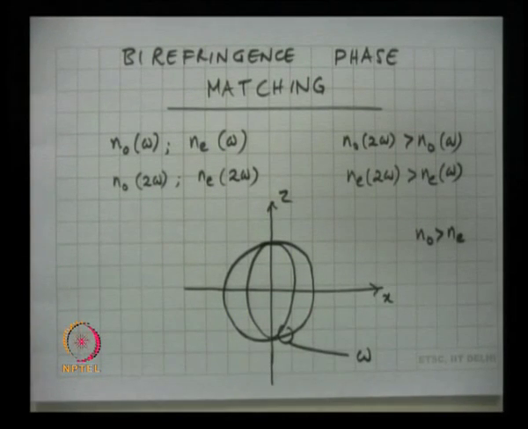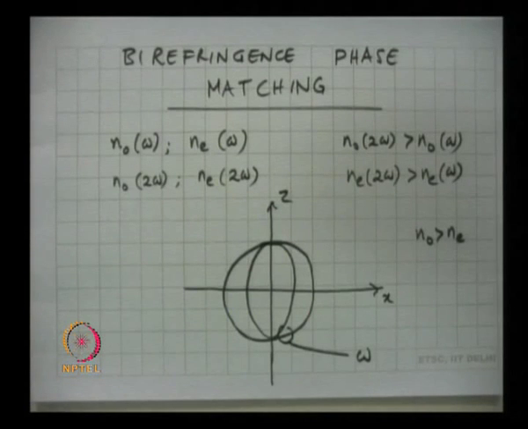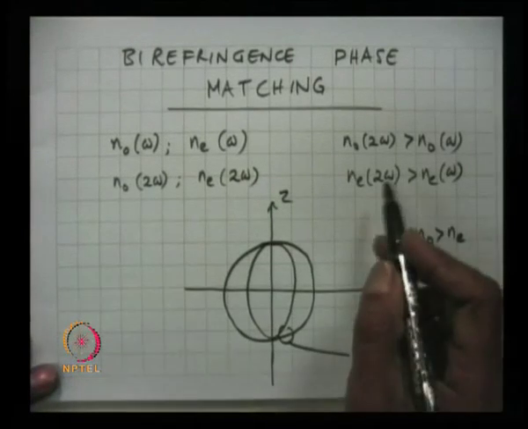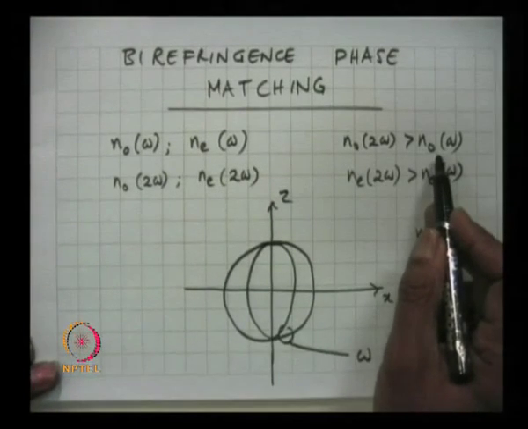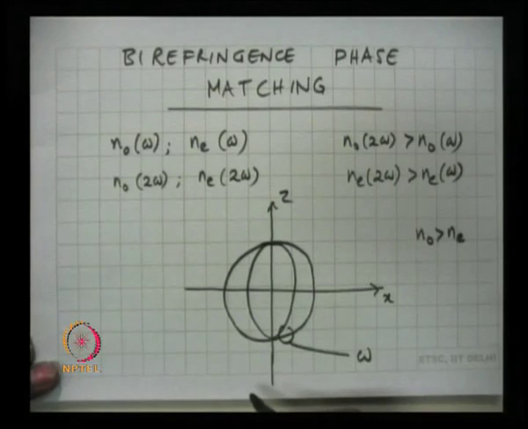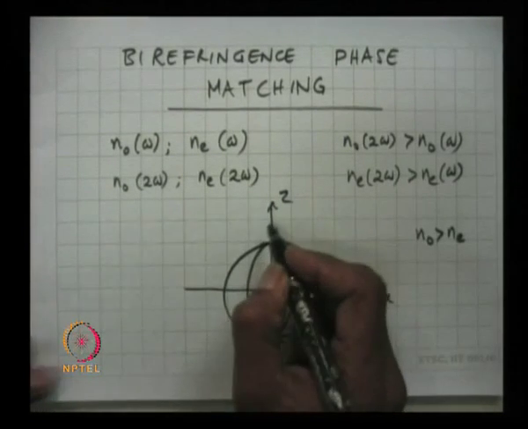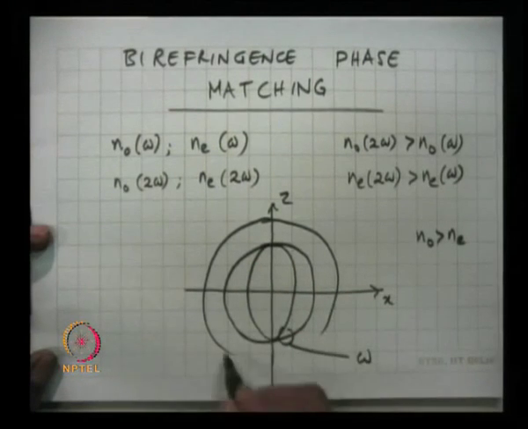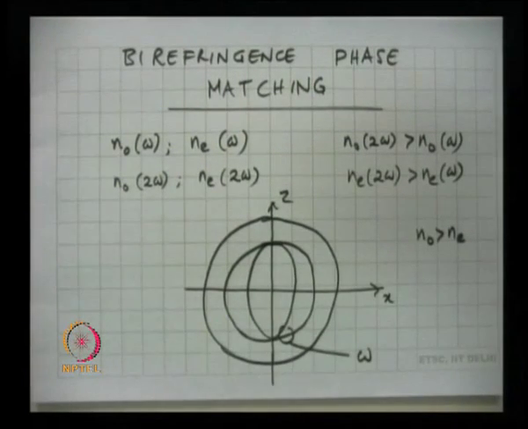Now I want to draw in the same figure the index surfaces corresponding to 2 omega frequency. Because NO of 2 omega is more than NO of omega, the circle corresponding to the second harmonic wave will lie outside the circle. Now the ellipse.